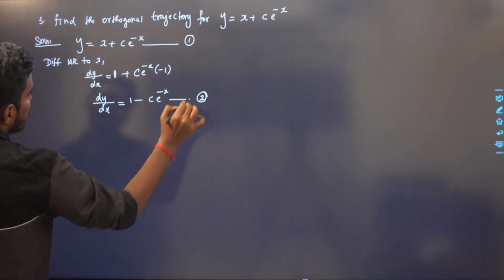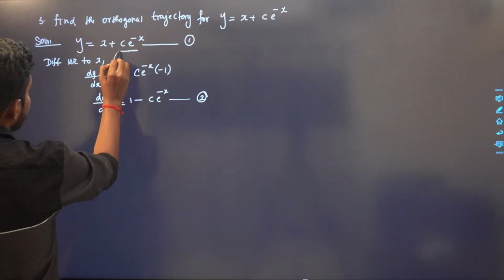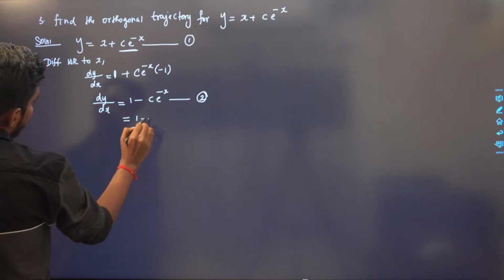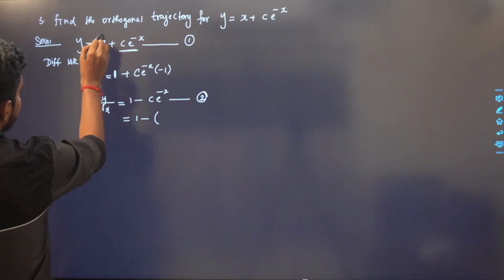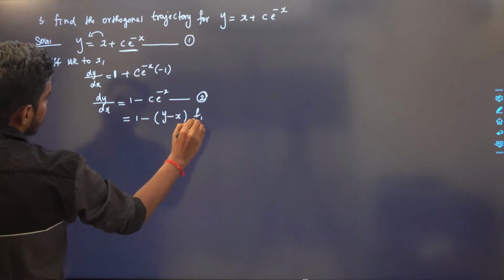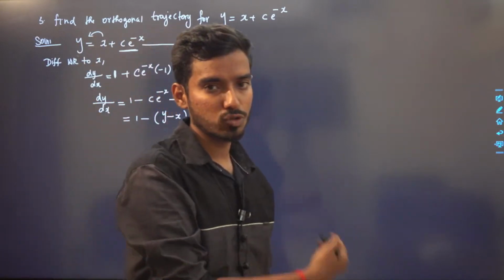Call this 2. Now we need to eliminate the parameter. So I can replace the c e power minus x as y minus x. This is from 1. So we need to eliminate the parameter c, right? So here there is no c now.